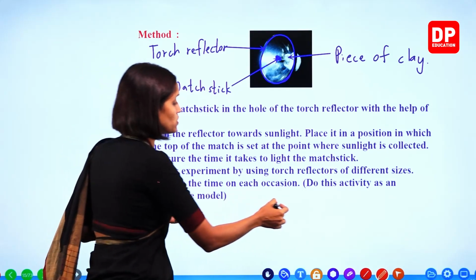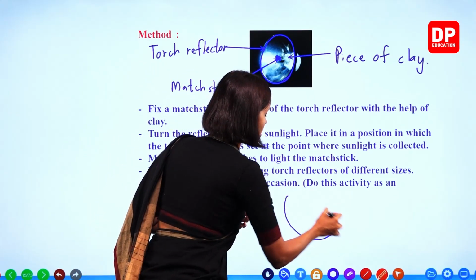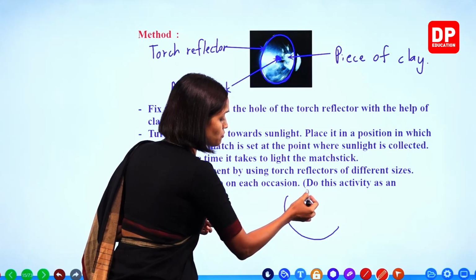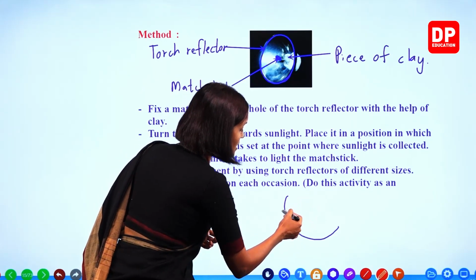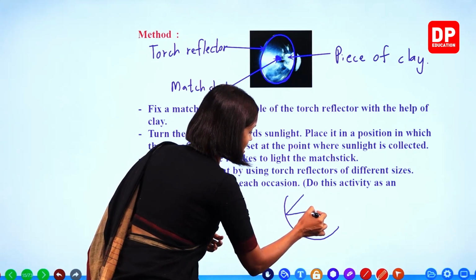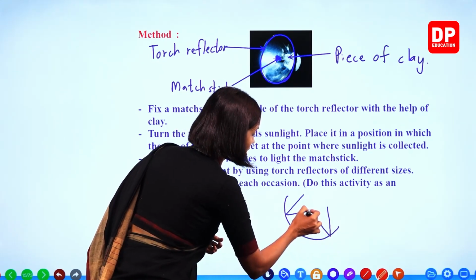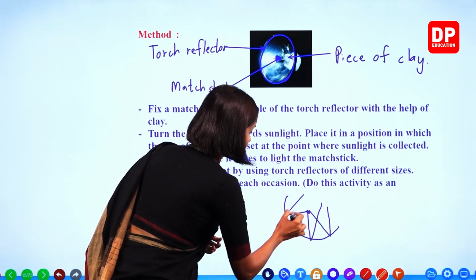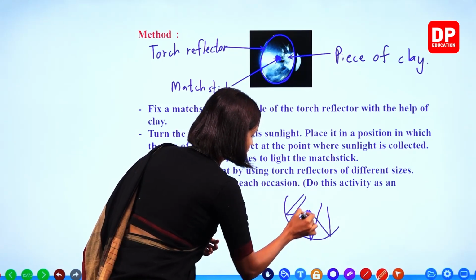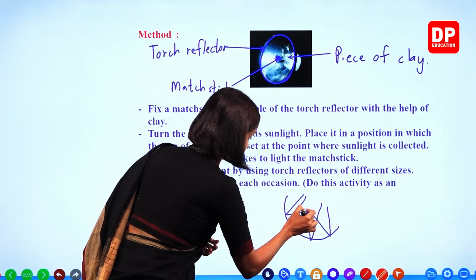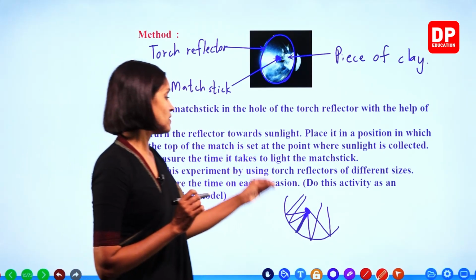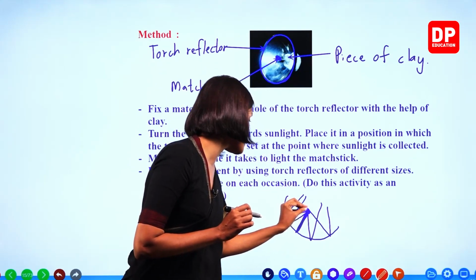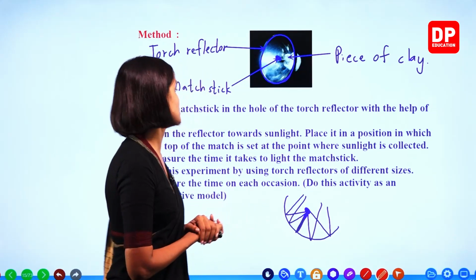Do you remember I told you all, when you consider a solar thermal cooker, sunlight falls onto this concave surface, and gets reflected and collected at the same point. So you have to find that point, and at this point you have to fix the matchstick, and the match head should be here, right? So we are going to light this matchstick using solar energy, okay?